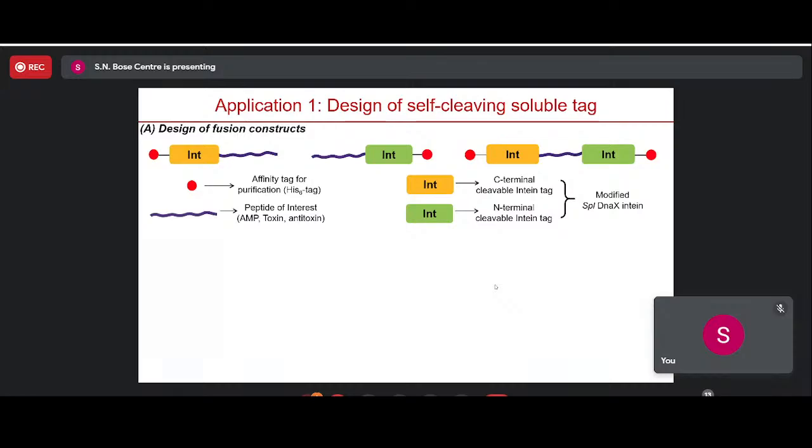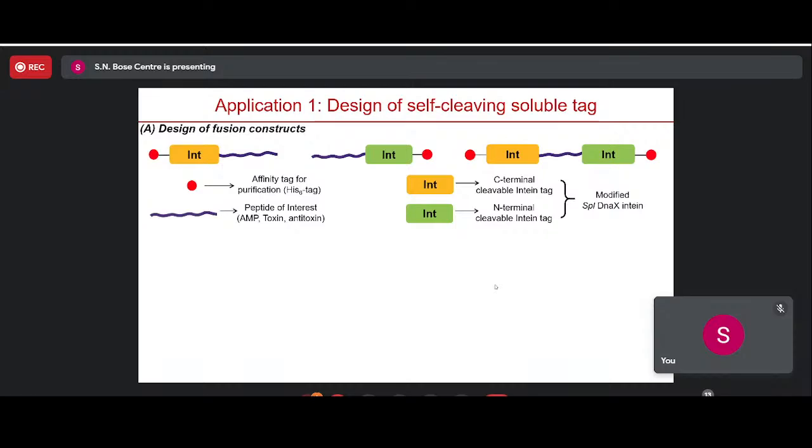If we can make it in bacteria, then it becomes quite cheap. But peptides, since they do not have any structure, if you express them in bacteria, they will get chopped up very quickly. Right? One way to prevent that is to put some big protein attached to this peptide so that this peptide will not get degraded very fast. So this Intin enzyme, it is a very robust enzyme that can serve as a solubility tag.